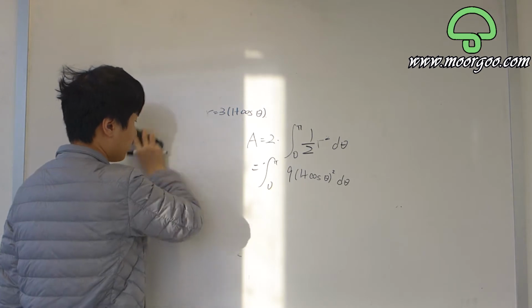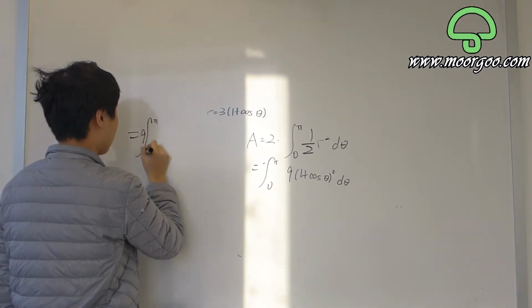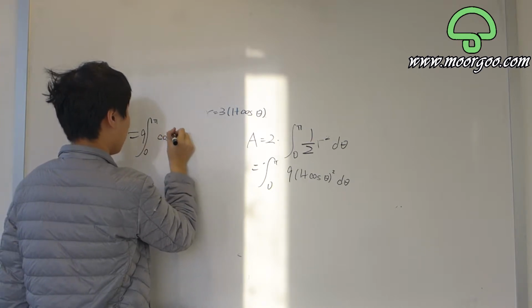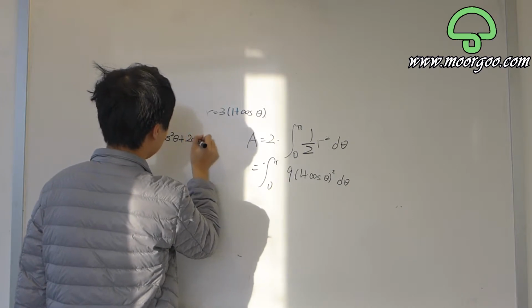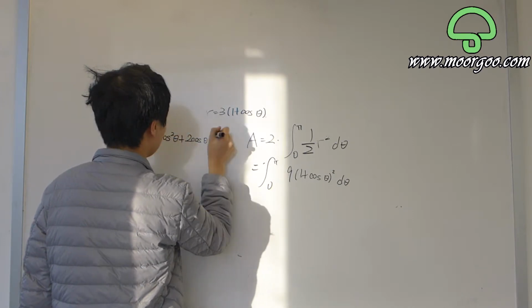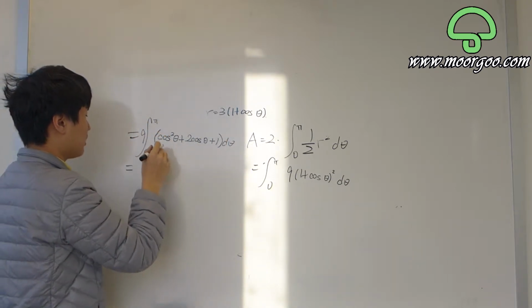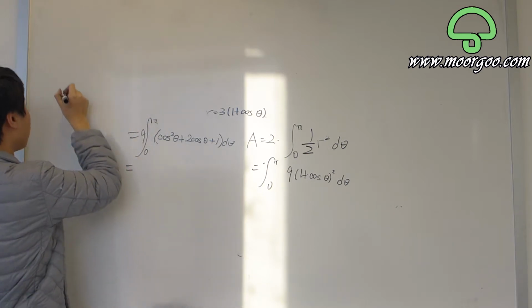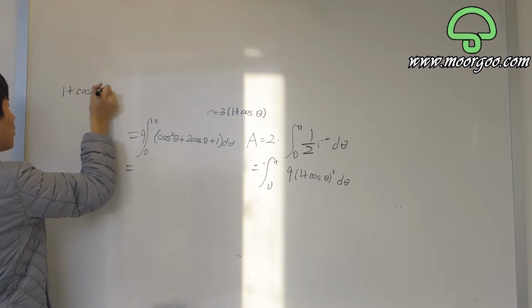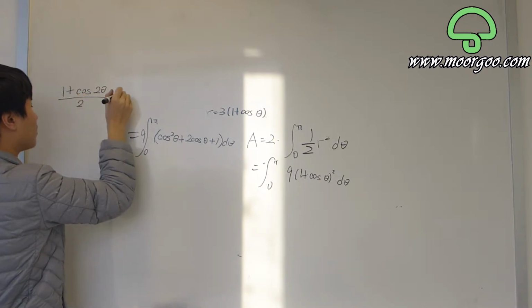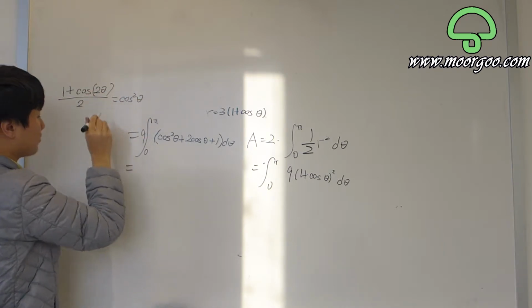Okay. Let's do this integral. We can expand the square. And you see cosine squared of theta. Remember this?